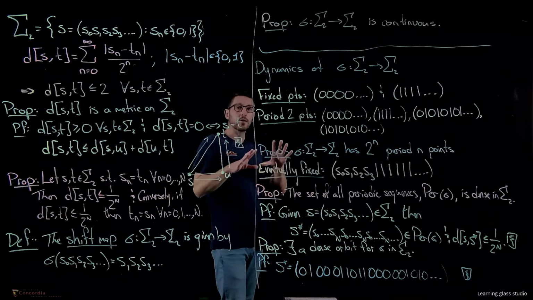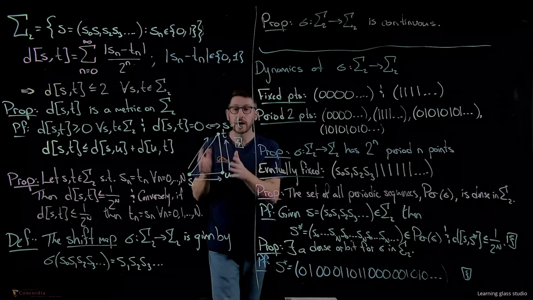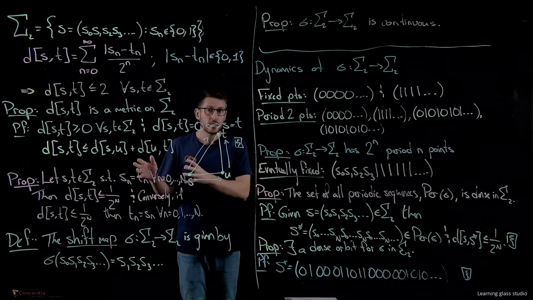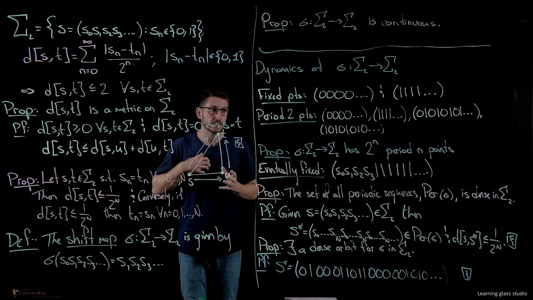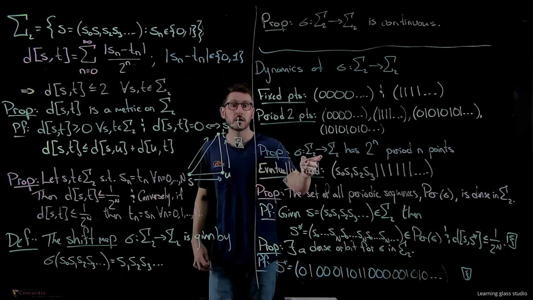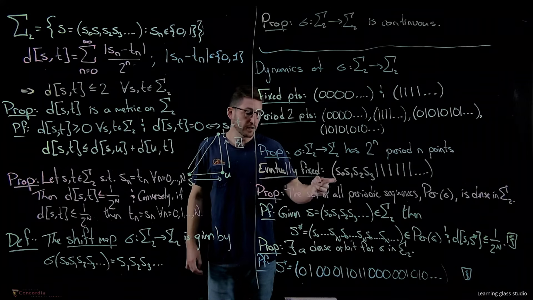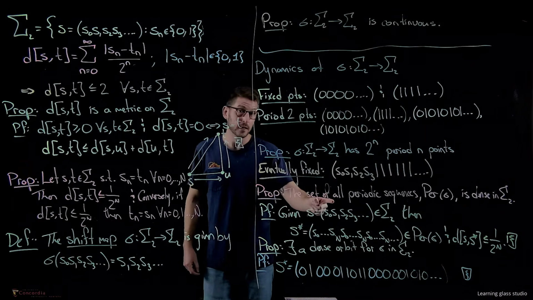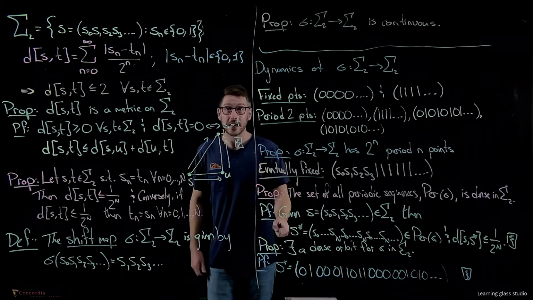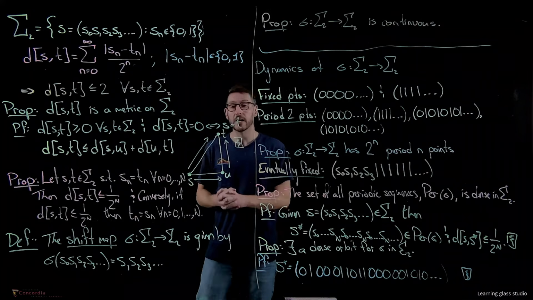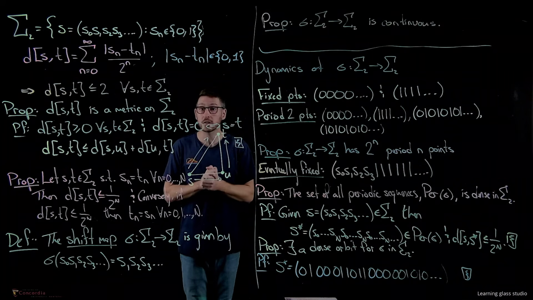Now, it turns out, as we're going to see with our fractal set in the logistic map, that it has basically the same properties. That means there are a lot of periodic points. Those periodic points are dense. They can approximate everything. And there is a dense orbit inside of that fractal Cantor set from the logistic map as well.